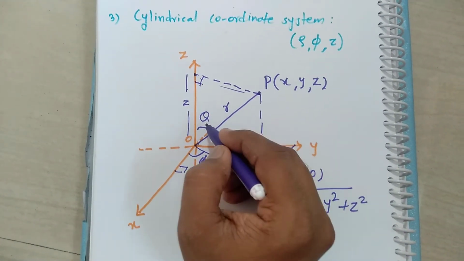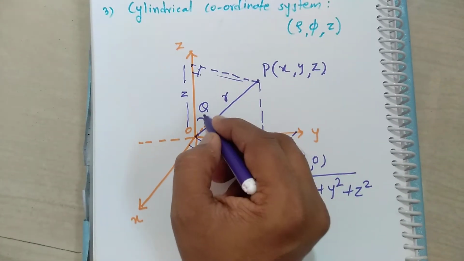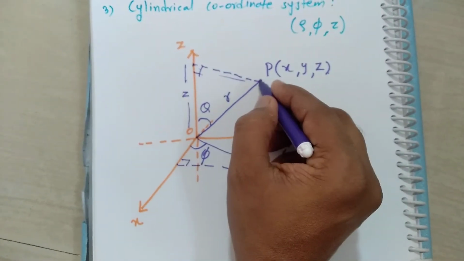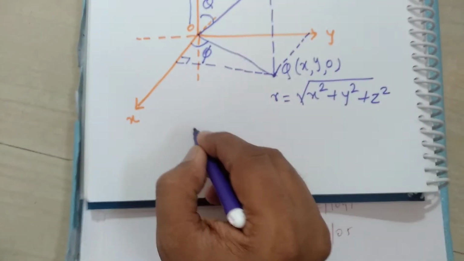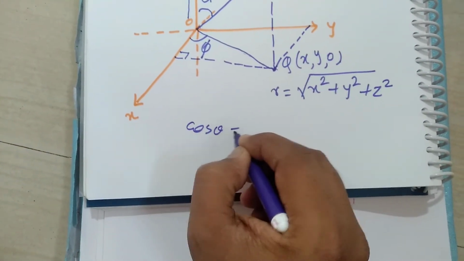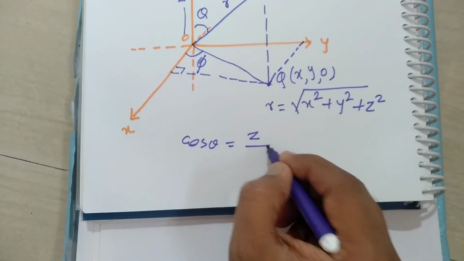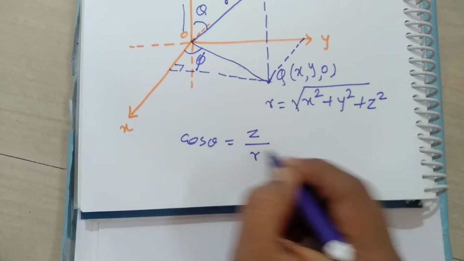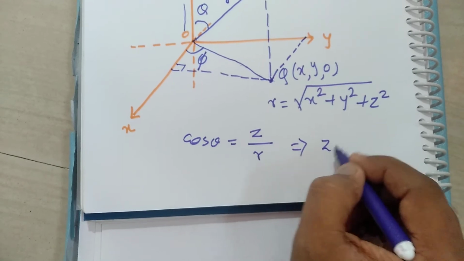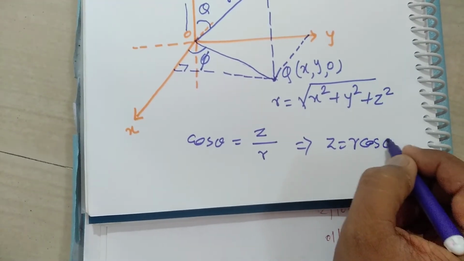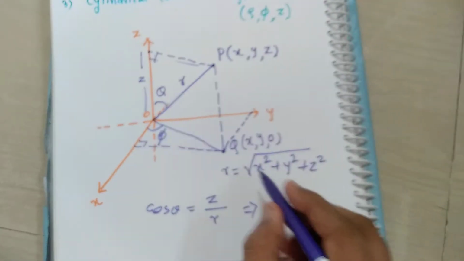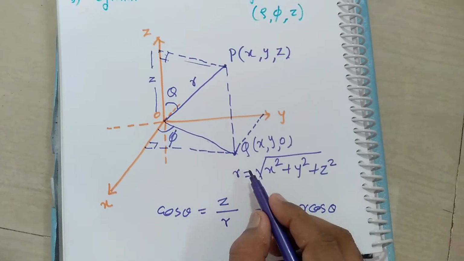So what is cos theta here? Cos theta is equal to the adjacent side upon the hypotenuse. So for that triangle, cos theta is the adjacent side z upon the hypotenuse r. So that gives me z is equal to r cos theta.